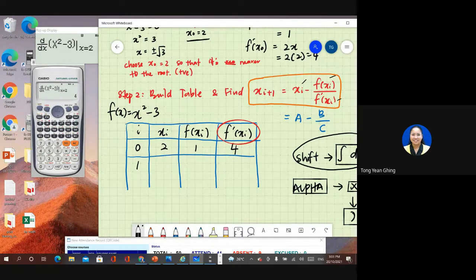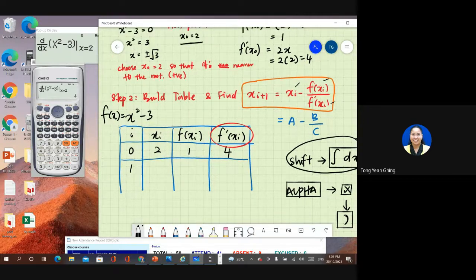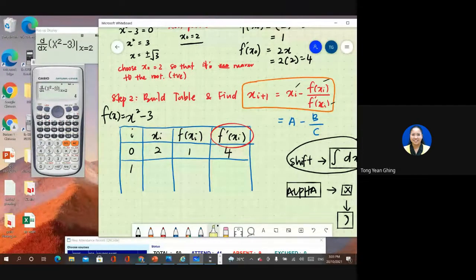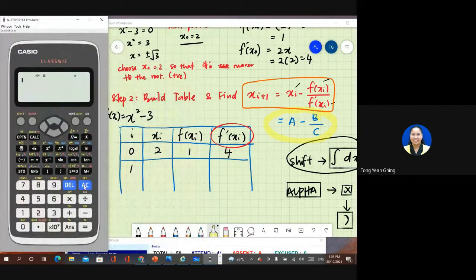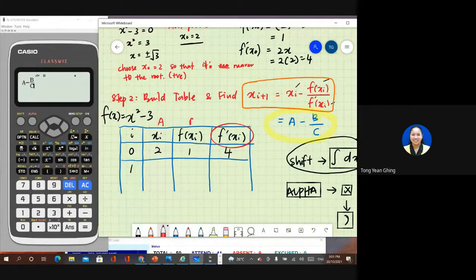Now, X seterusnya. So, apabila X seterusnya, I will use this formula. This one. This formula. That means, if I key in calculator, I will key in like this. I will key in alpha A minus, and then alpha D divided by alpha C. So this will become A, this column become B, this column becomes C. Boleh?